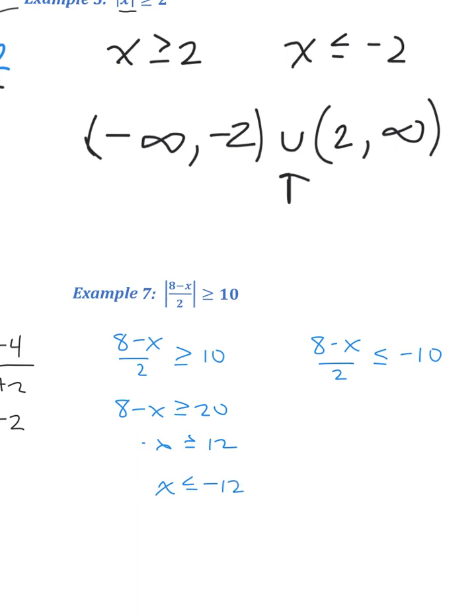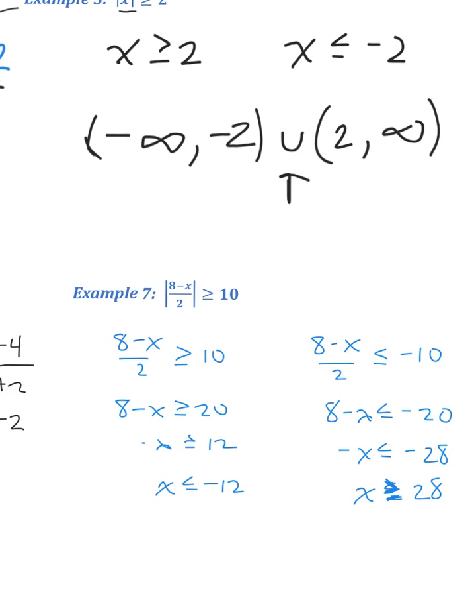Multiply by 2 on this other one. 8 minus x is less than or equal to negative 20. Subtract 8, I get negative x is less than or equal to negative 28, divided by a negative, and x is greater than or equal to a positive 28. I forgot to flip the inequality.